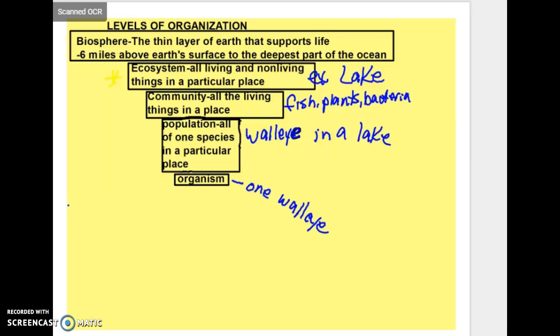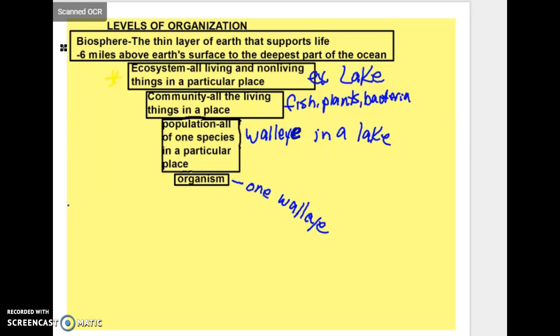When we talk about levels of organization in ecology, we go from the most broad down to the simplest. The most broad level of organization is something we call the biosphere. So the biosphere, bio, remember, means living.